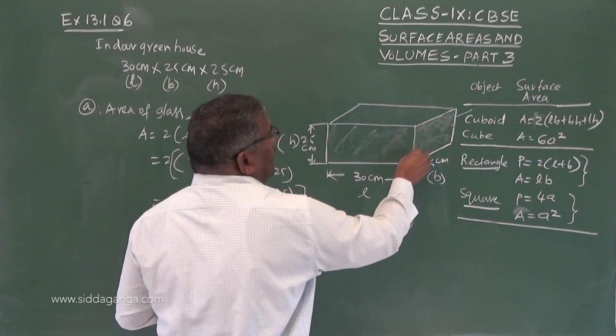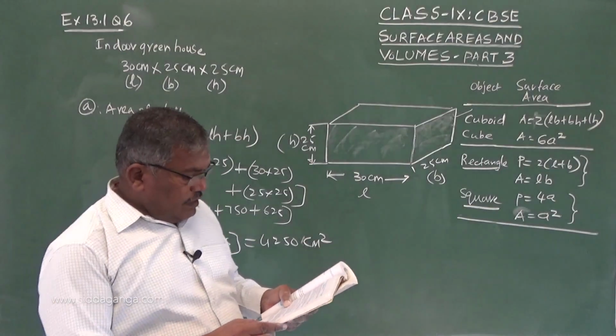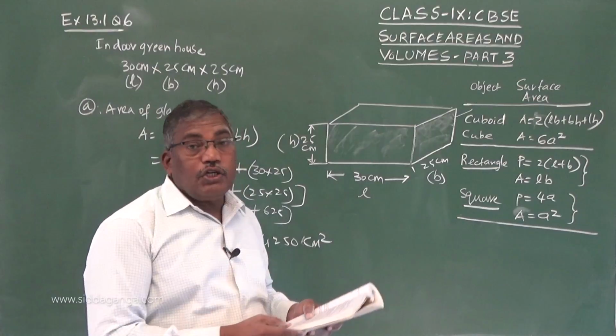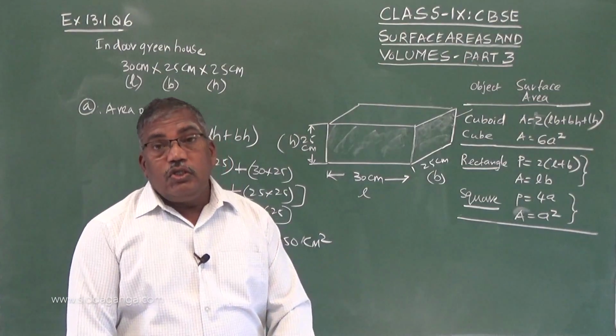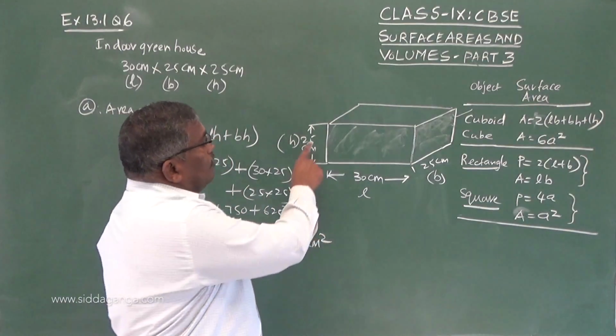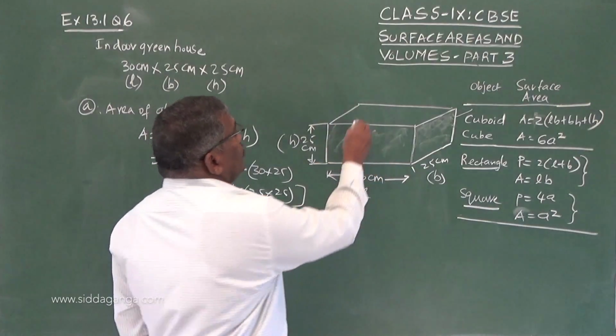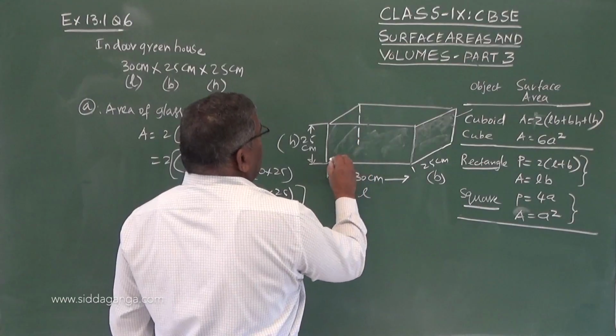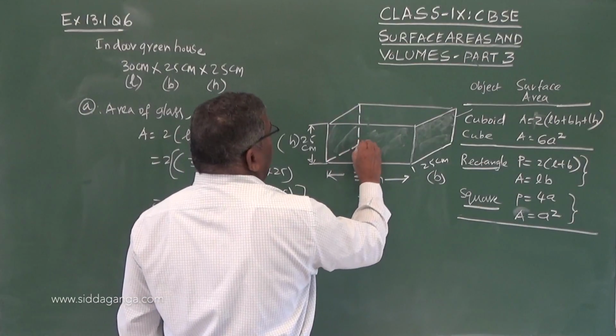So this is the edge. The question is, how much tape is needed for all 12 edges? The length of the edges we have to calculate. You know that there are 12 edges.